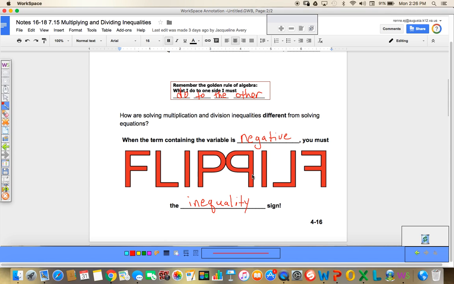And we discovered this when we did the introduction to multiplication and division inequalities. So we've got to remember to flip the inequality symbol when the term containing the variable is negative. Okay, now let's move on to page 17 and try some examples.